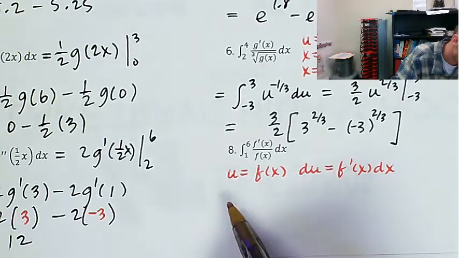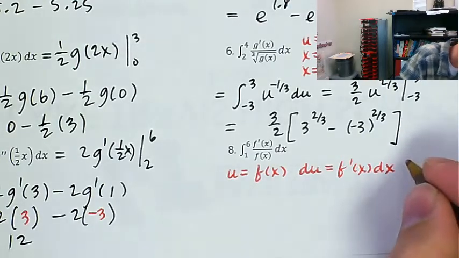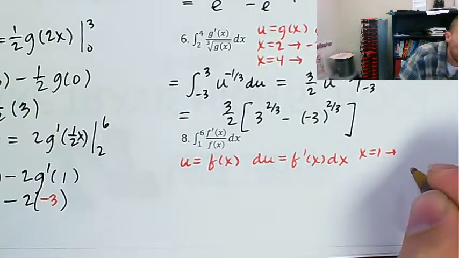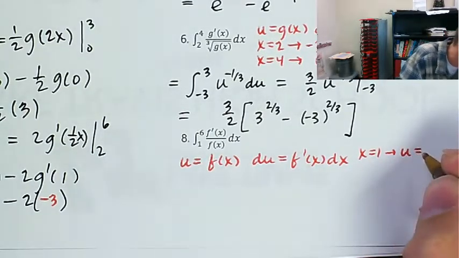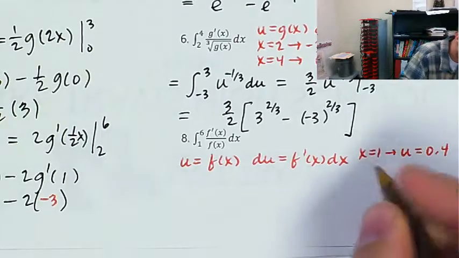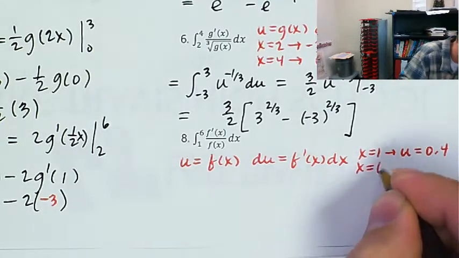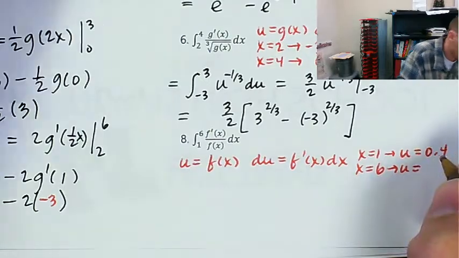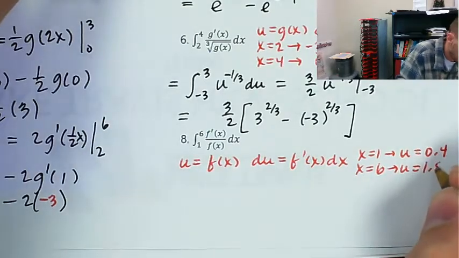Now x equals 1 gives u equaling f of 1. F of 1, I'll just tell you from the table, is 0.4. And x equaling 6 gives u equaling f of 6, which is 1.8.